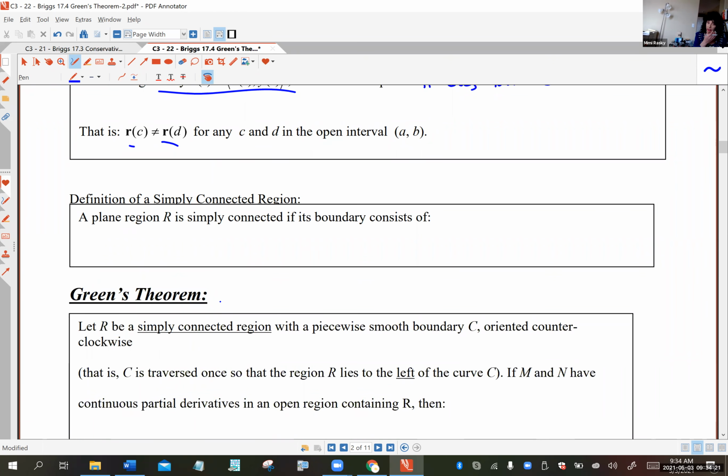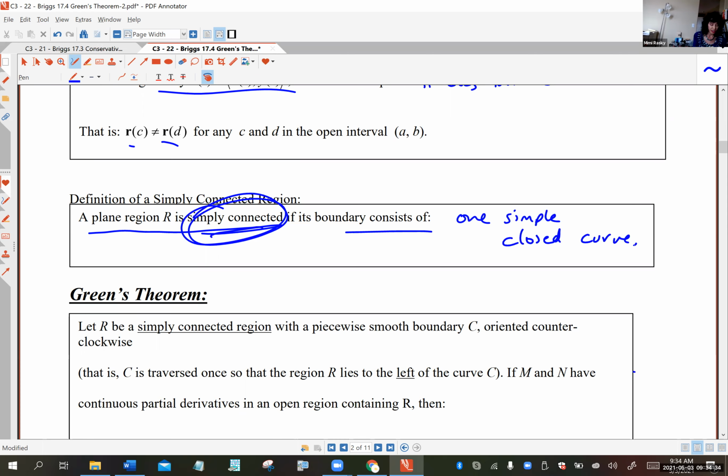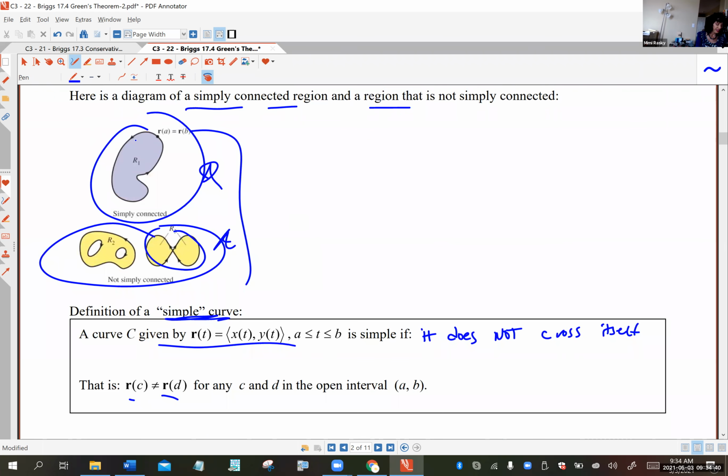Now you're ready for simply connected. A plane region R is simply connected if its boundary consists of one simple closed curve. That's it. That's the definition of simply connected. It wasn't that hard. So if you look at your diagrams, this here, there's only one curve that's the boundary of that simply connected region.